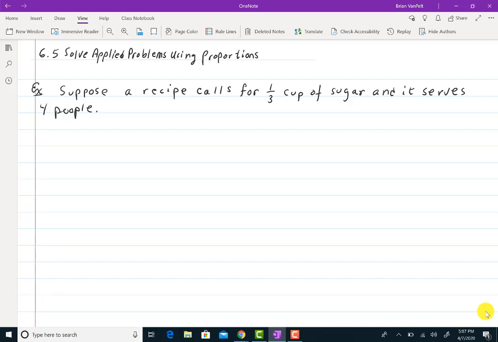Now suppose we have 21 people. If we want to serve 21 people, how much sugar should we use?